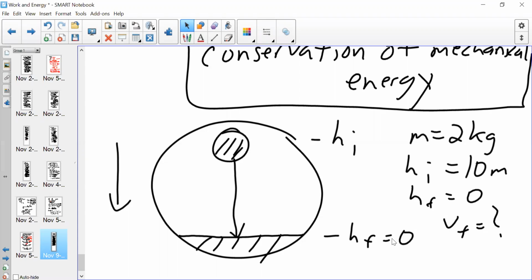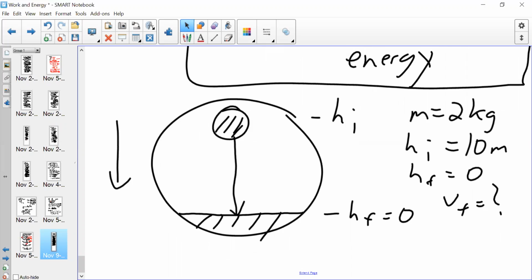Okay, it starts off with potential and then it ends with kinetic, because the final potential energy has height and the final height is 0. So it'll wipe out potential energy for final. Right. So we're going from initial potential to final kinetic. That's all we have. Now there's going to be some problems where we have both, but yeah.